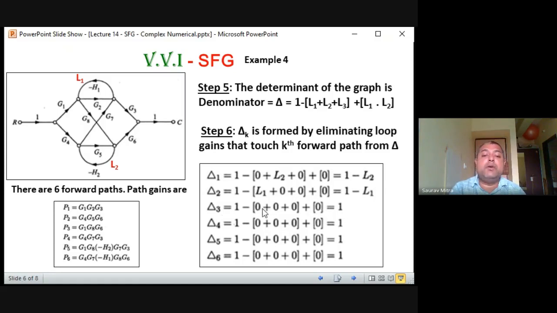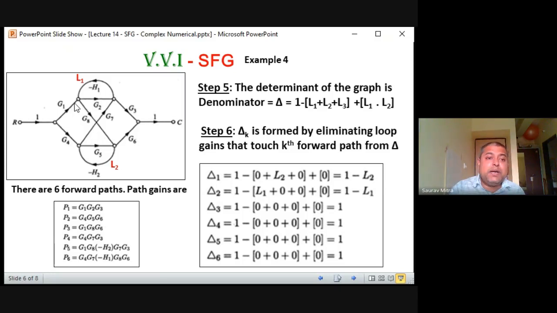That means you are substituting all the L1, L2, L3 as equal to 0. So what remains is only the 1 of the formula. Again I will repeat, whenever you are trying to find out delta 3, delta 3 is for path G1, G8 and G6. And you are finding that the G1 G8 path is touching this loop 1, the G8 G6 path is touching this loop 2, and this whole loop 3 is actually a part of the forward path G8 G6 G1.